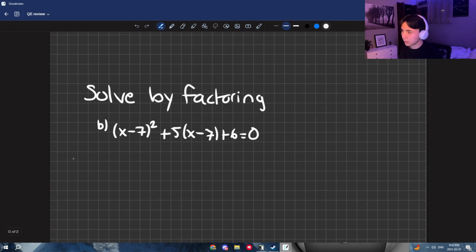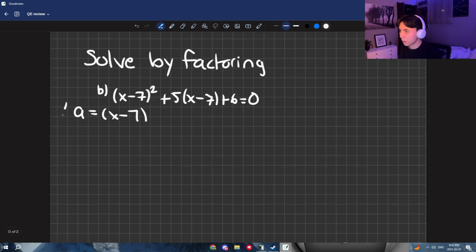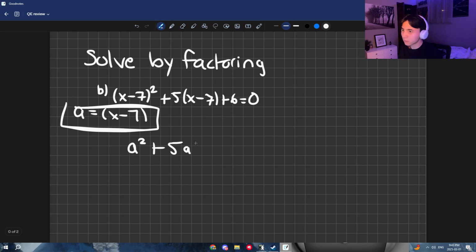We're going to say any variable is equal to x minus 7 here. So let's say a equals x minus 7. This is going to be important for later, so make sure you box this for now. We can plug in a for our x minus 7, so we have a squared plus 5a plus 6 is equal to 0.